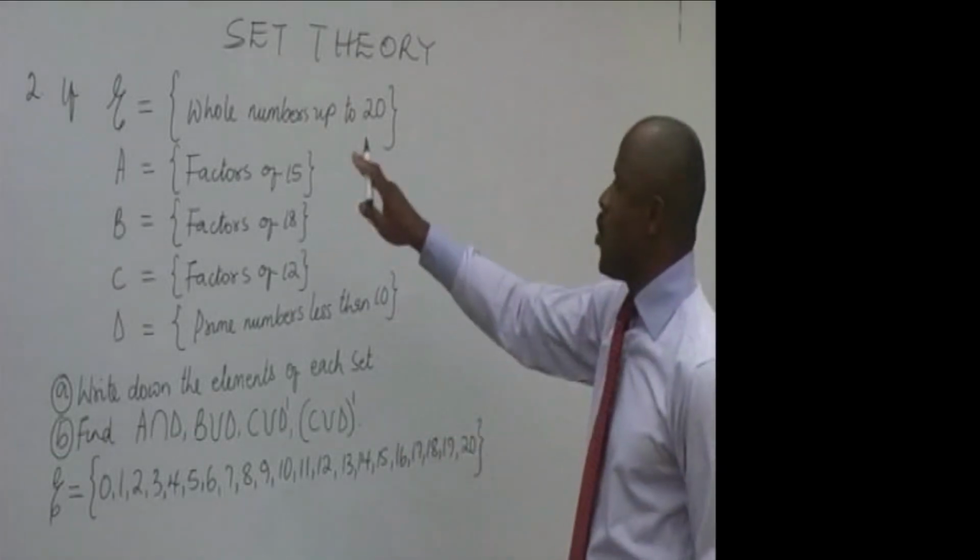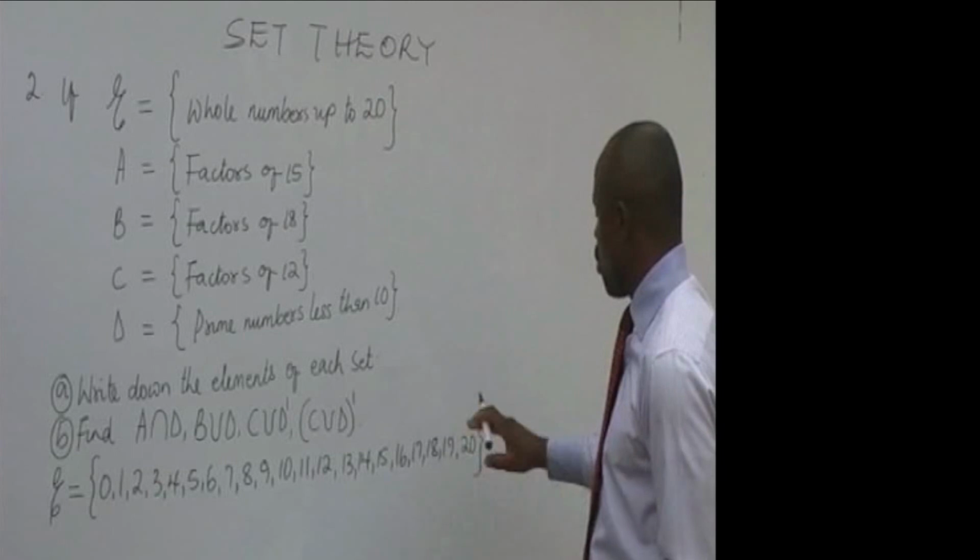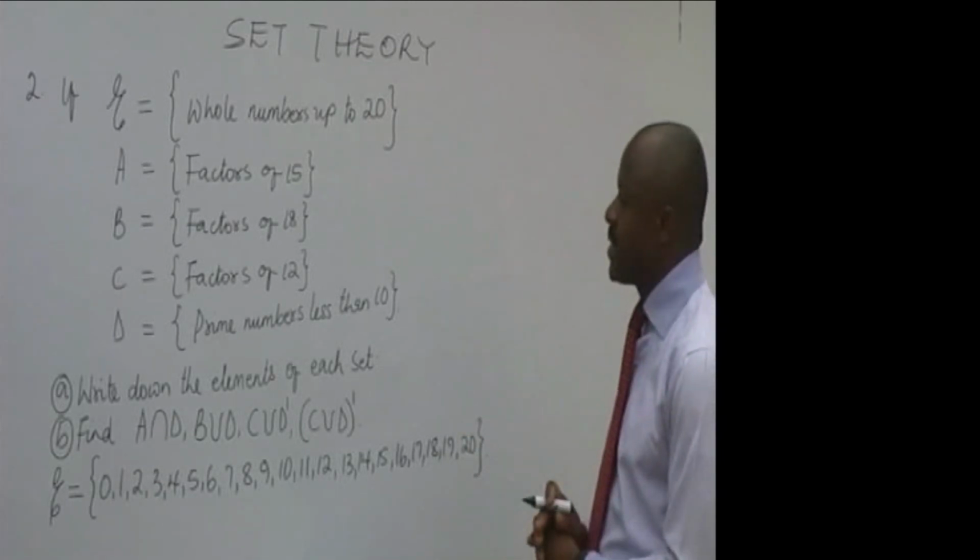That is whole numbers from 0 till 20. That is our universal set.